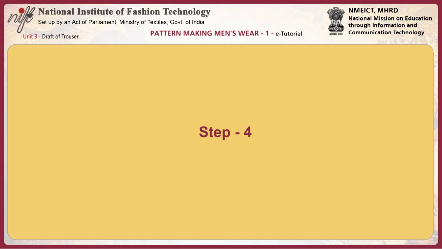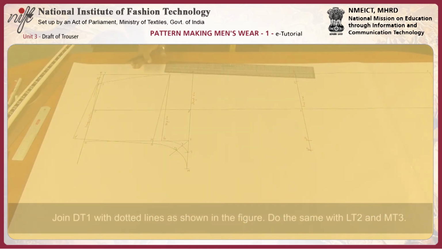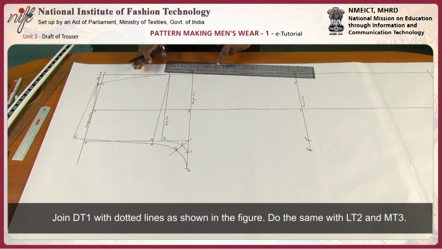Let us move to step 4, where we are going to align all the points with curve lines. That's the front leg and the back leg.